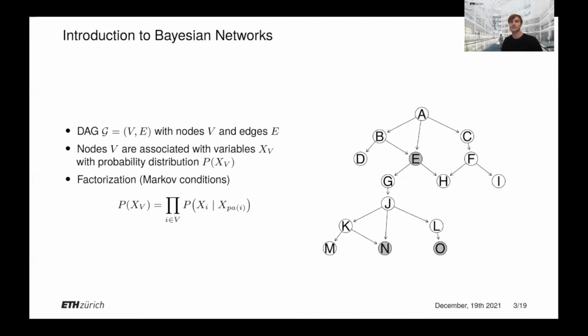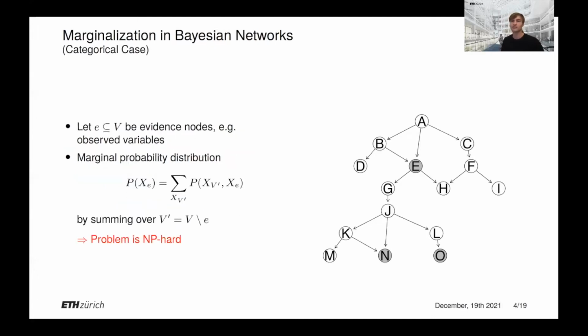And if you, however, now have missing data, then the calculation isn't so easy. So let me just very formally also define what we mean by marginalization, or the marginal probability distribution. With the marginal probability distribution, we essentially mean the probability of the observed variables, defined over the sum over all of the unobserved variables, right?